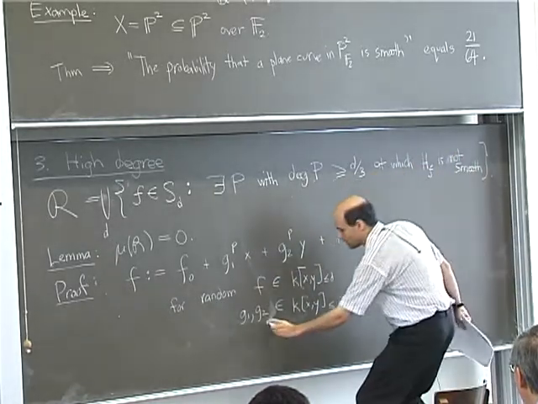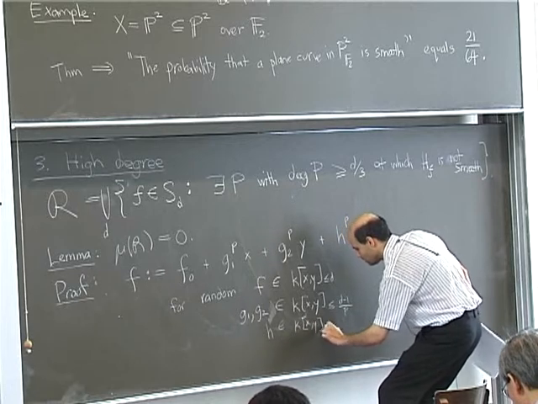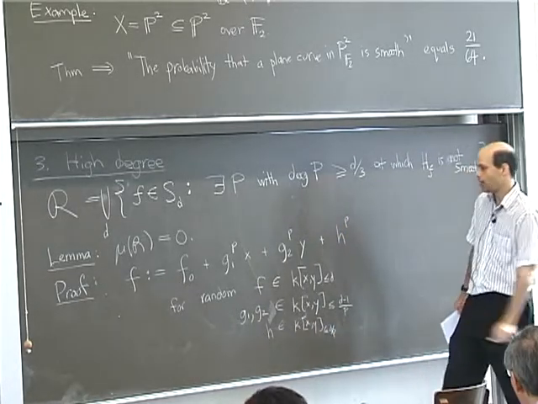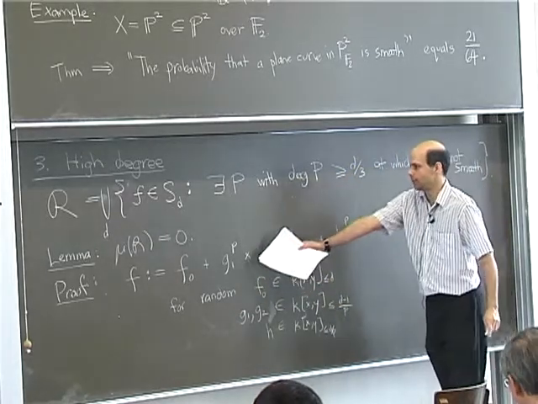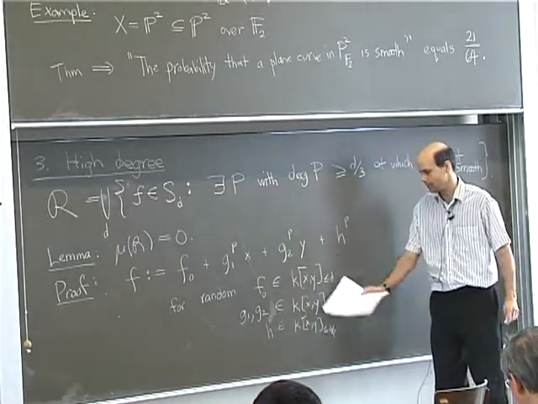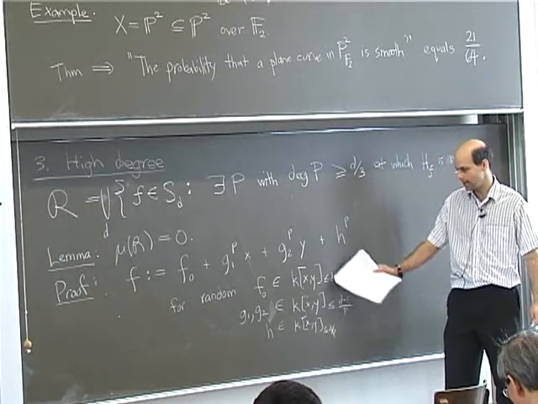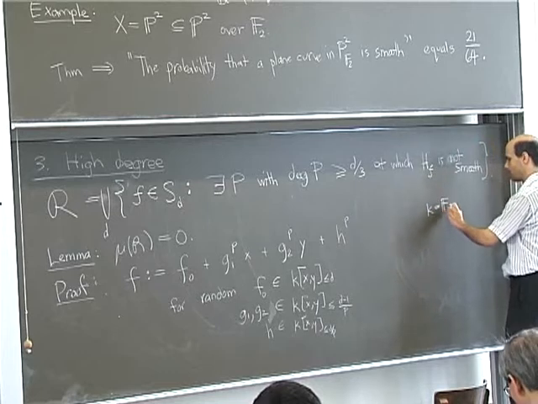And then H will be the same thing for D over P. Oh, that's right, this is supposed to be F0. So I'll choose F0, G1, G2, and H uniformly and randomly from these finite sets. Oh, I should have said K is always F_Q.